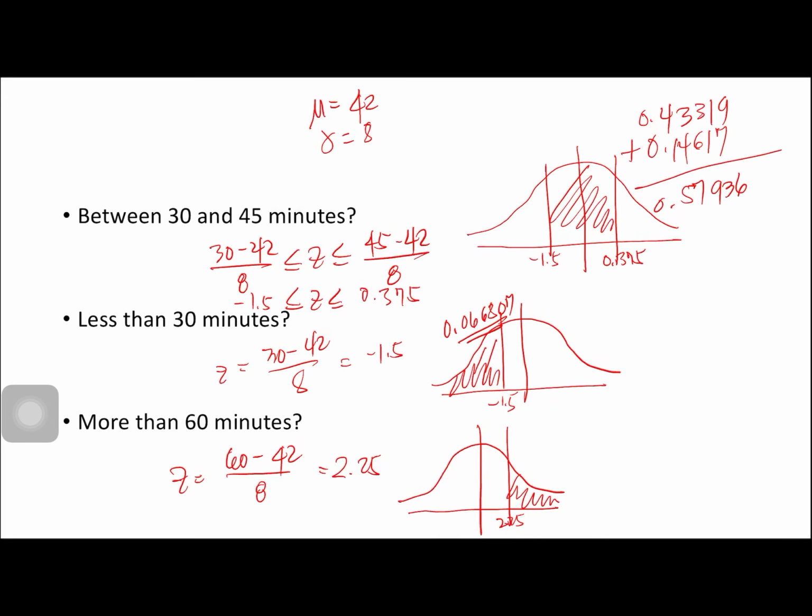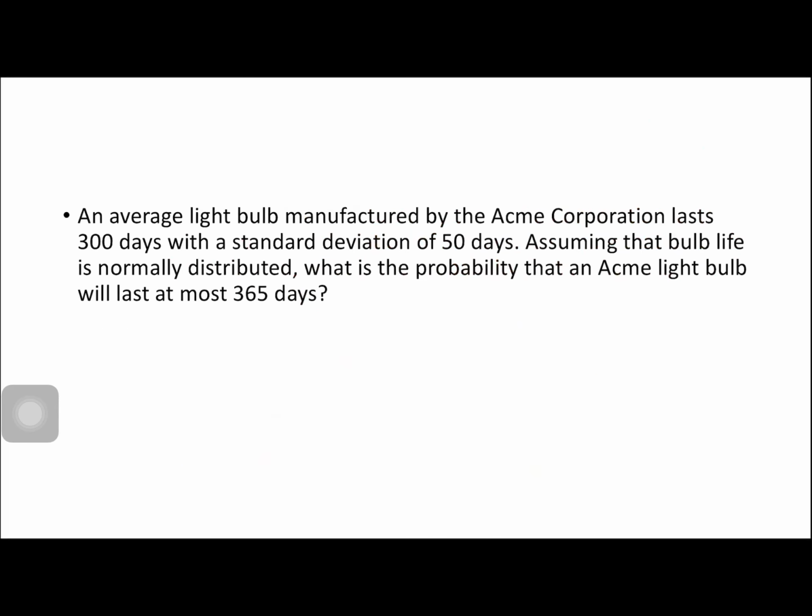So this is our curve. We have here our 2.25. So more than that, that will be where? At the right of 2.25. So that will be R. We have there 0.012224. Okay?